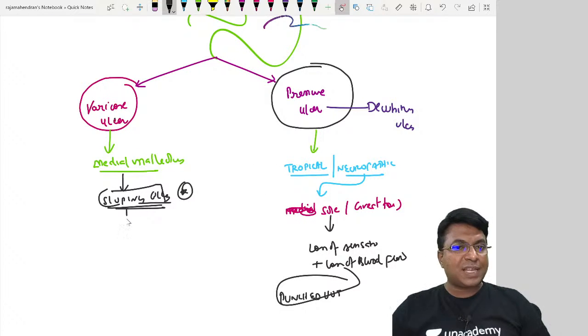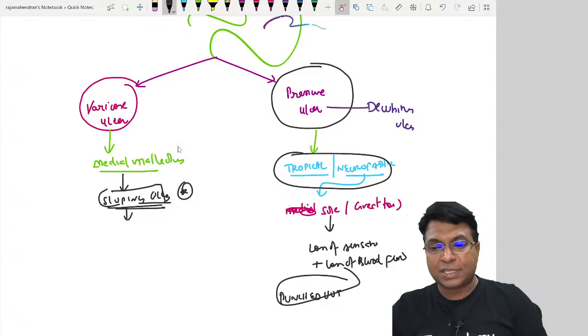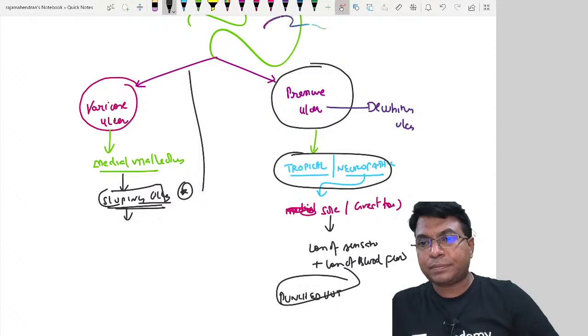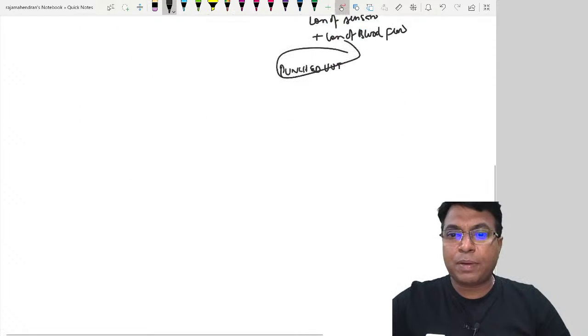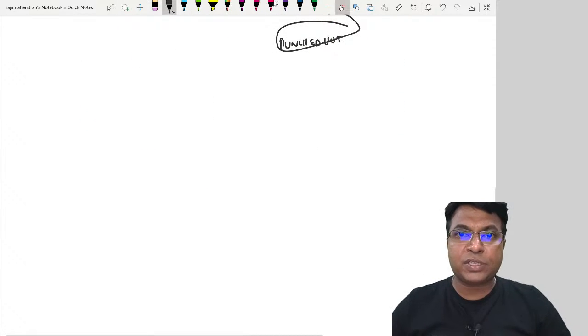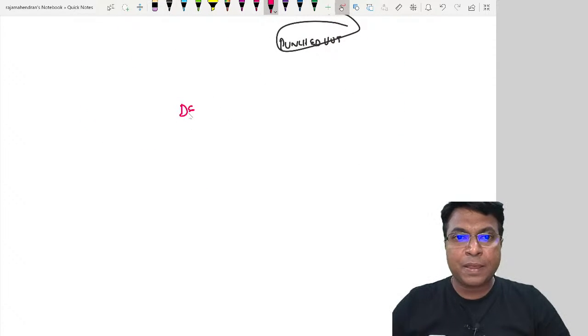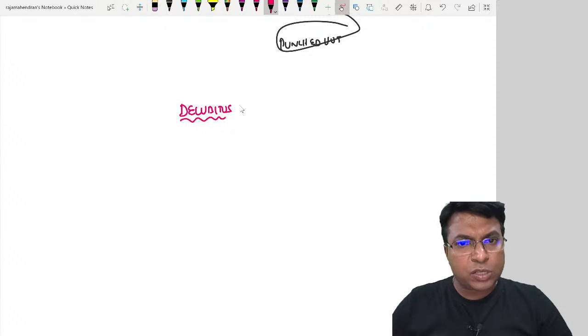So varicose ulcers have a sloping edge. Tropical and neuropathic ulcers have punched out edges. Now decubitus ulcers, Manish is asking about them. Where are they seen? They are also known as pressure sores.